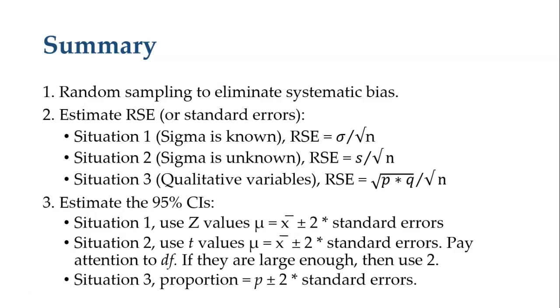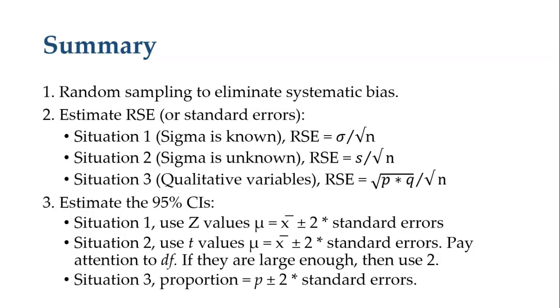Okay, so when you have the random sampling error or the standard error to estimate this population parameter, in the first scenario, we just add and subtract two standard errors from x. And we use the z values and the normal distribution properties.